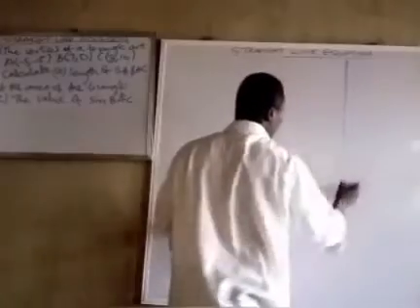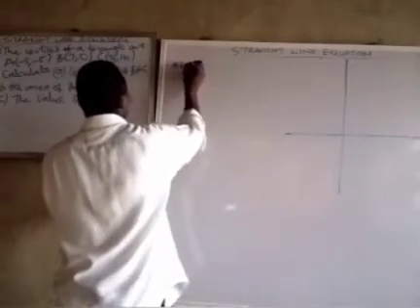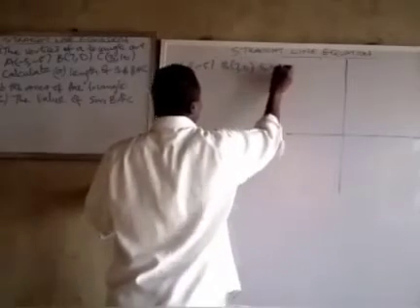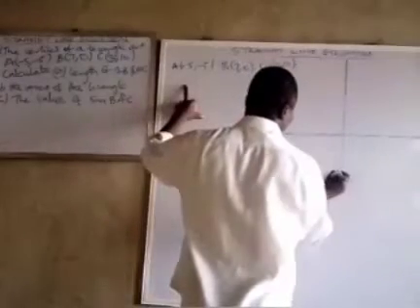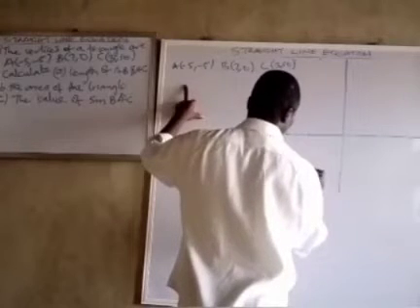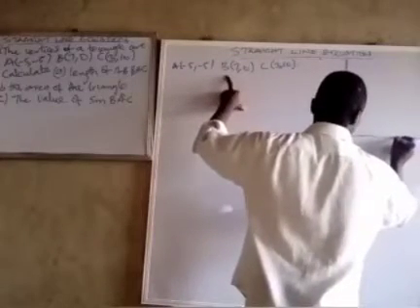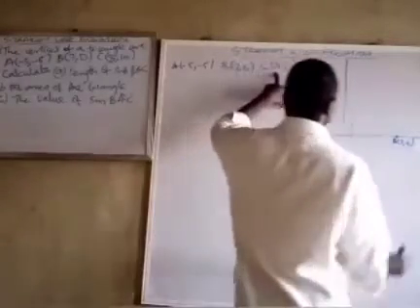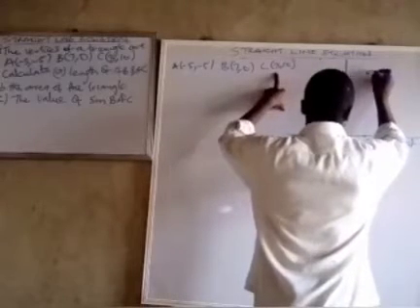We have it like this. We have point A minus 5 minus 5, B 7 0, C 3 10.